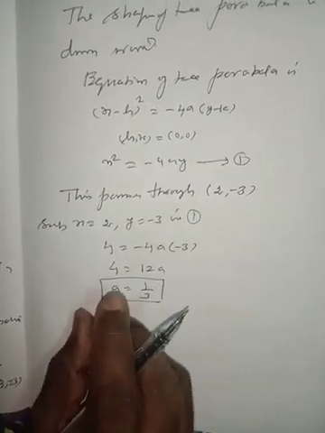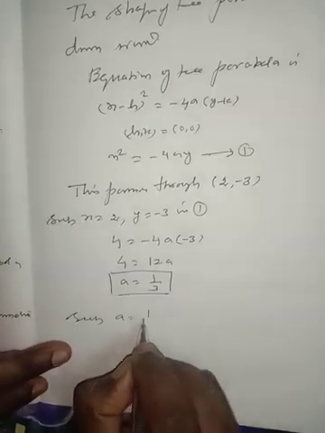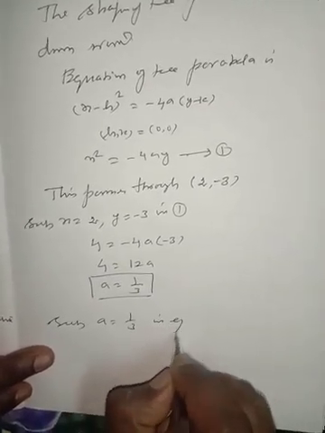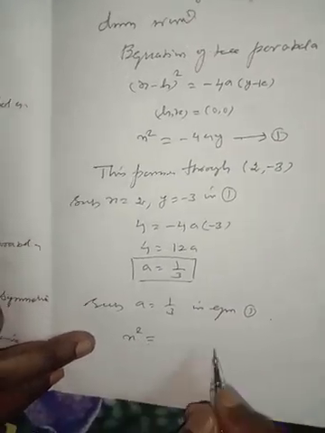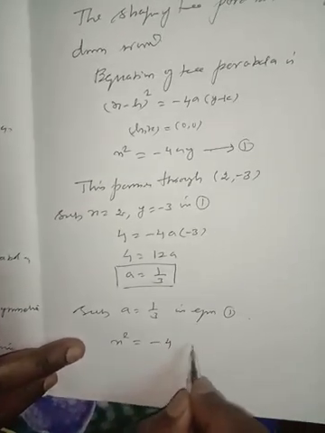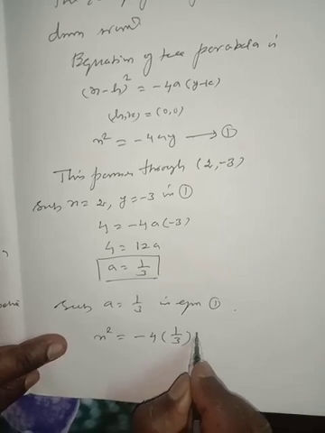Substitute a is equal to 1 by 3 in equation number 1. x square is equal to minus 4 into 1 by 3 of y.